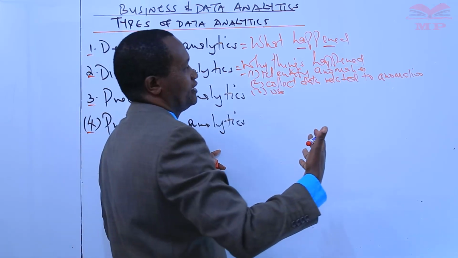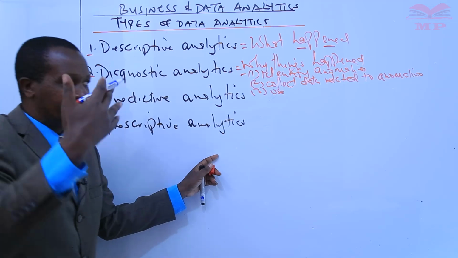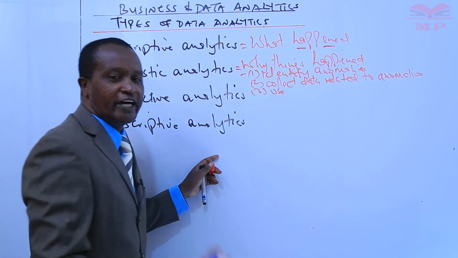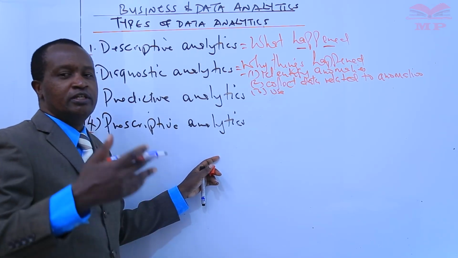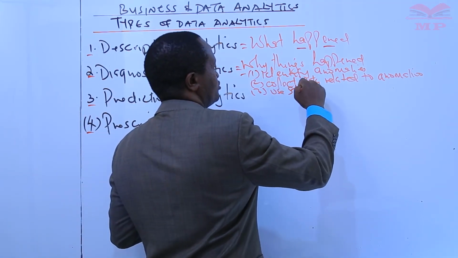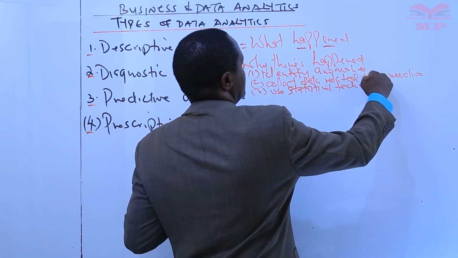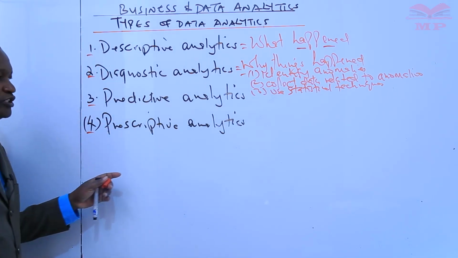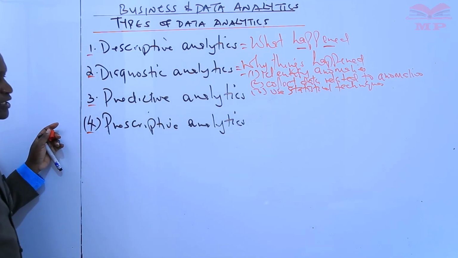To find relationships, to find trends that explain the anomalies. Use mathematical or statistical techniques to find relationships and trends in the anomalies.